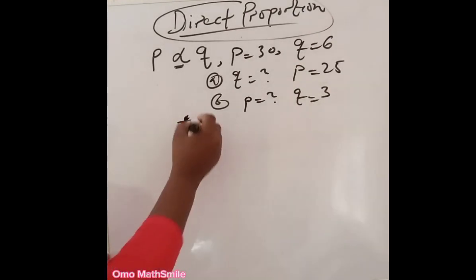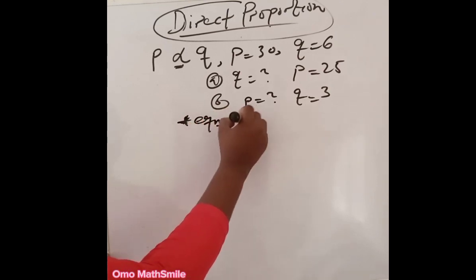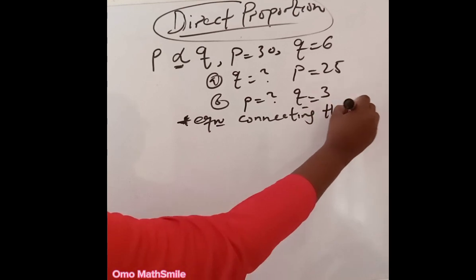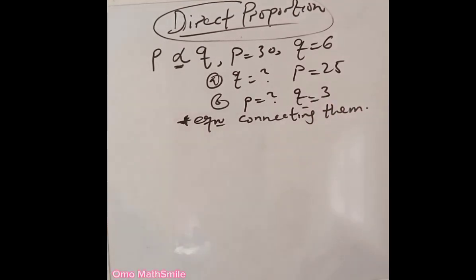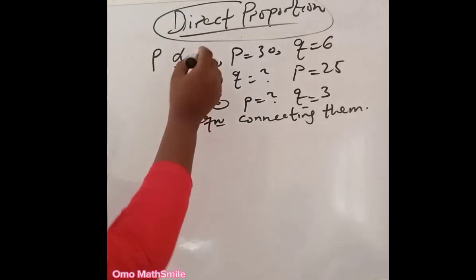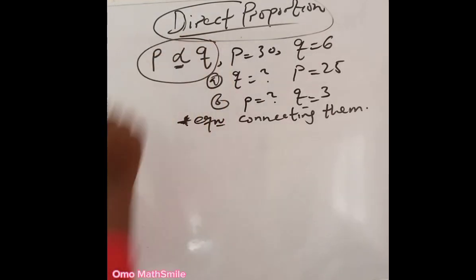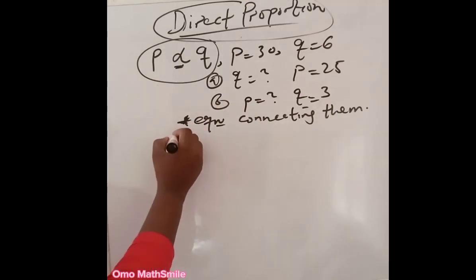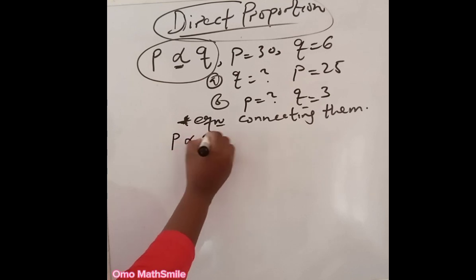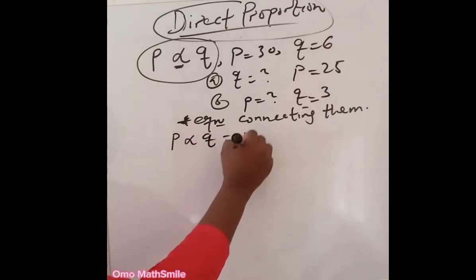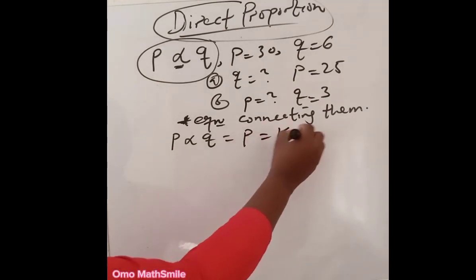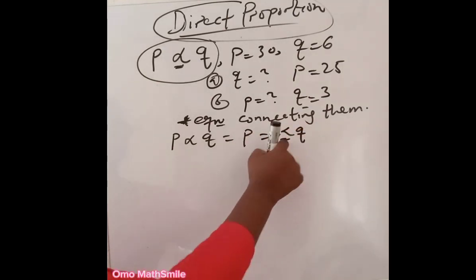First thing you need to note is that we first of all need to find the equation connecting them. It's very important for you to find the relationship or the equation connecting P and Q. And for us to get that, we need to introduce a constant K. Bearing in mind that P is directly proportional to Q, it will now be P equals KQ.